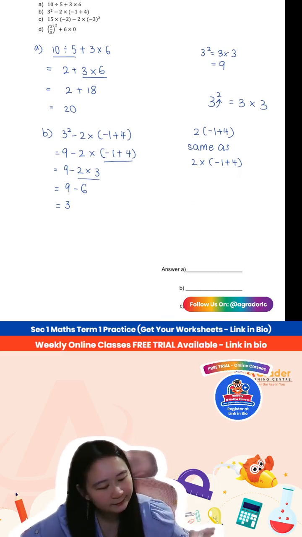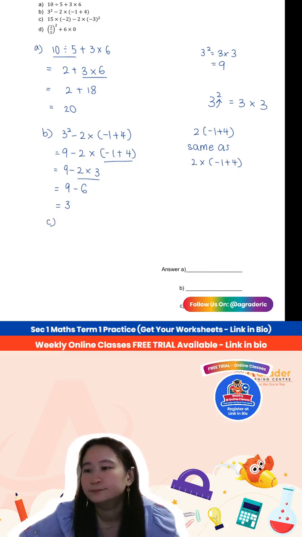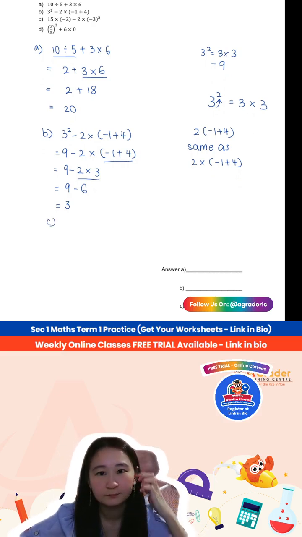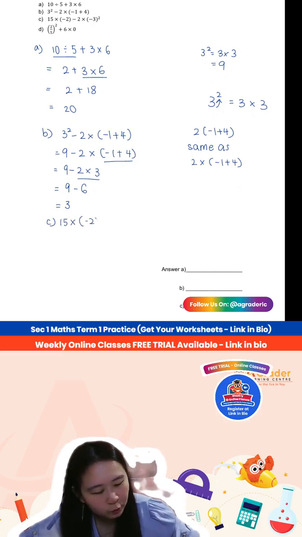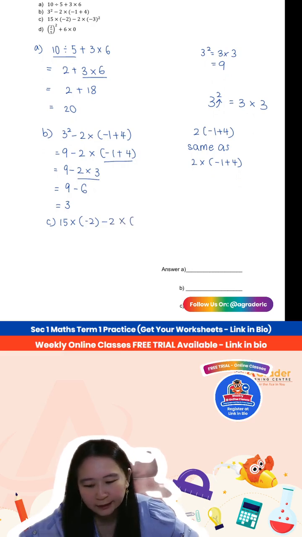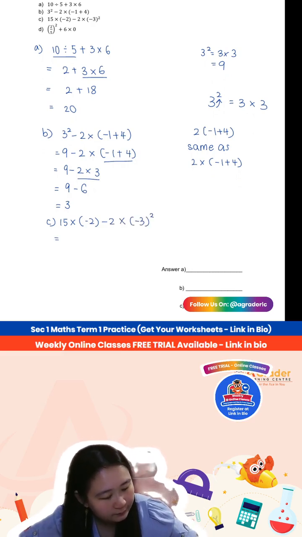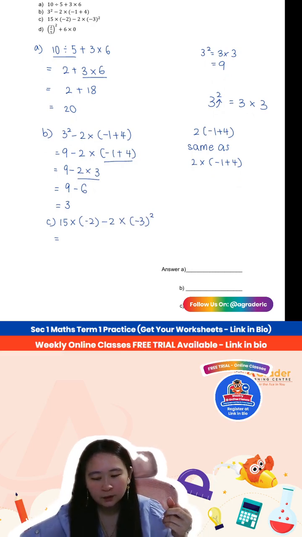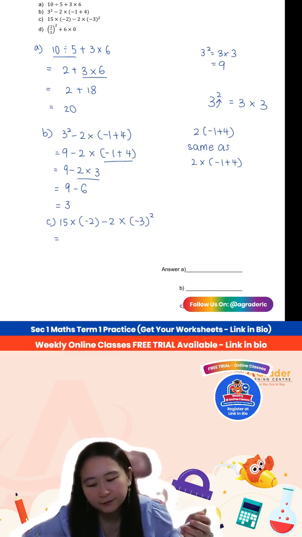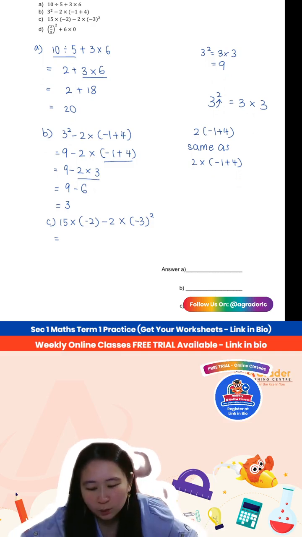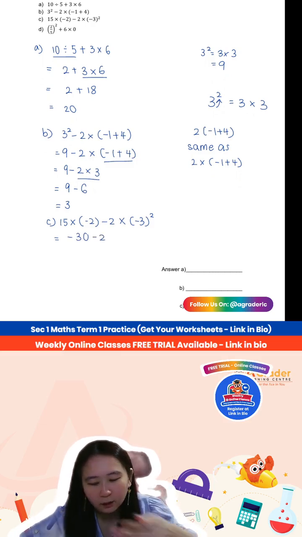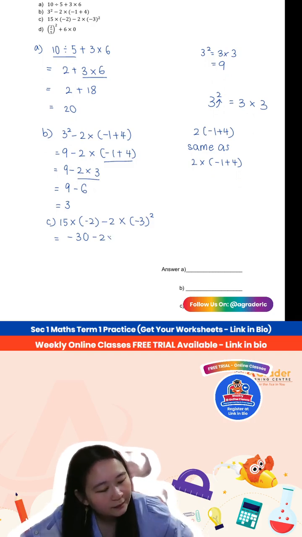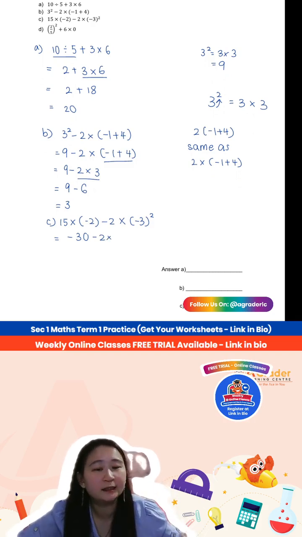Part C. 15 times negative 2 minus 2 times negative 3 squared. So what we can do is we take 15 times negative 2, we have negative 30, minus 2 times negative 3 squared, which means negative 3 times negative 3.